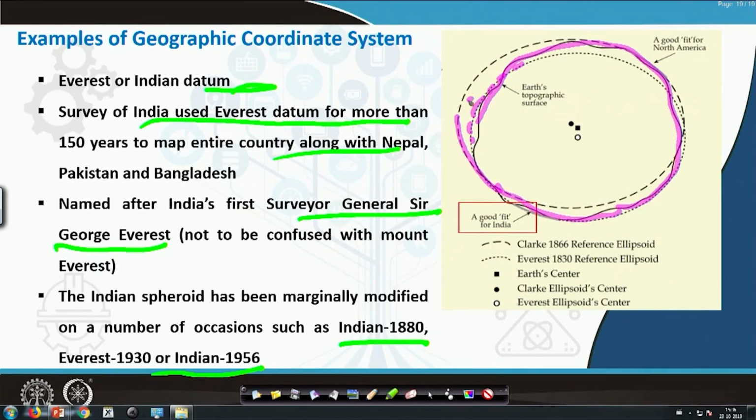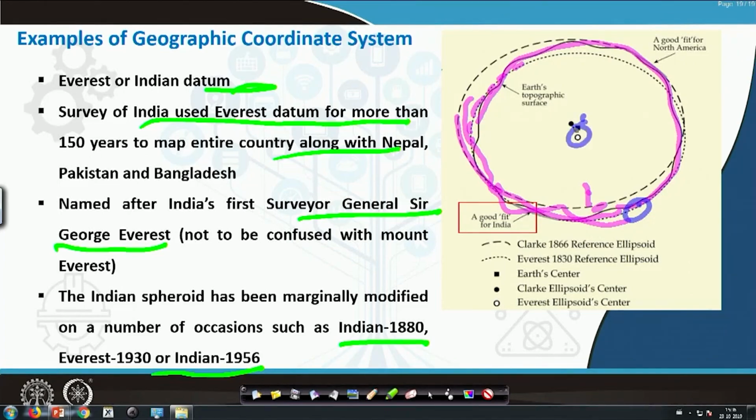If you look at WGS 84, you have something like this. Each of these is representing a different model. This is Clark 1866, and this is representing the Everest 1830.